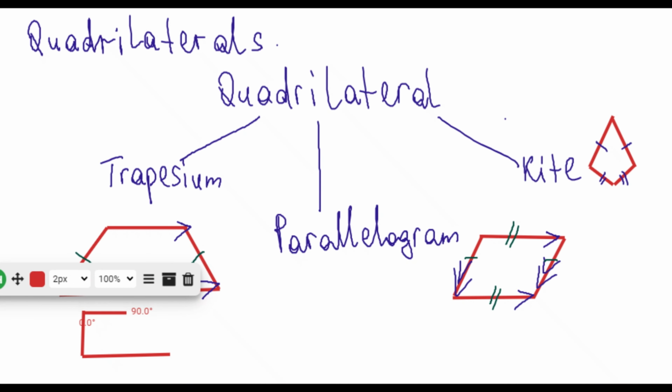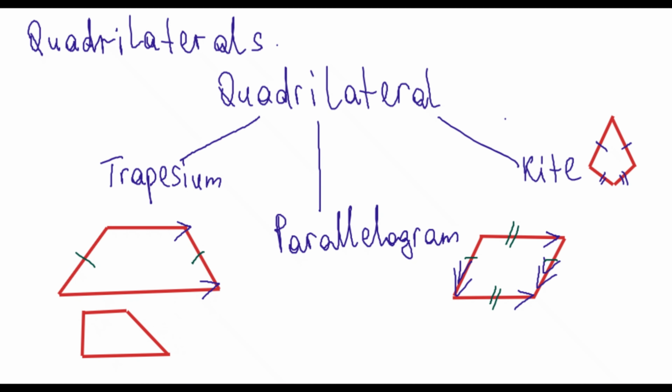And also there can be right-angled trapezium. If you remember, we talked about right-angled triangle when we have one right angle, and in trapezium, if we have two right angles, actually if two sides are perpendicular to each other, then it is right-angled trapezium.